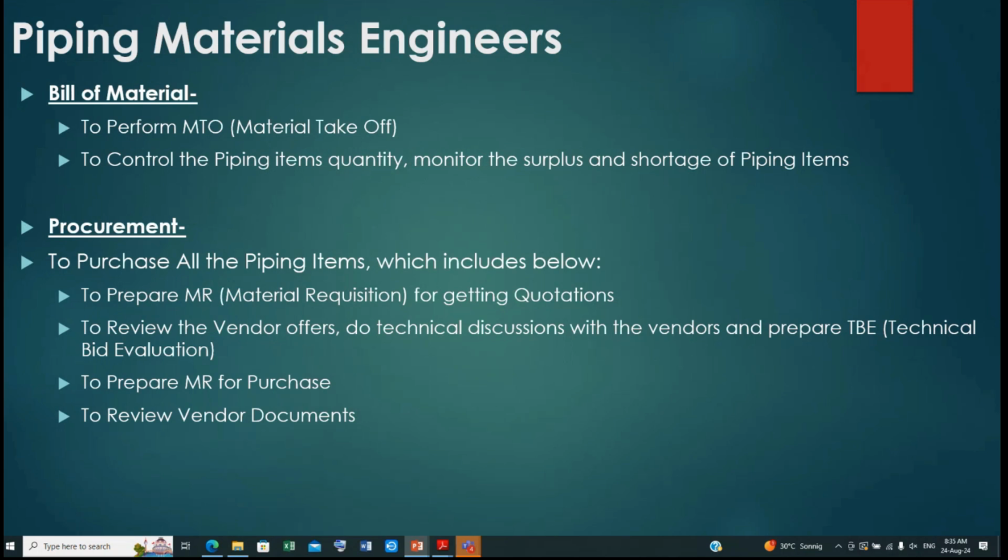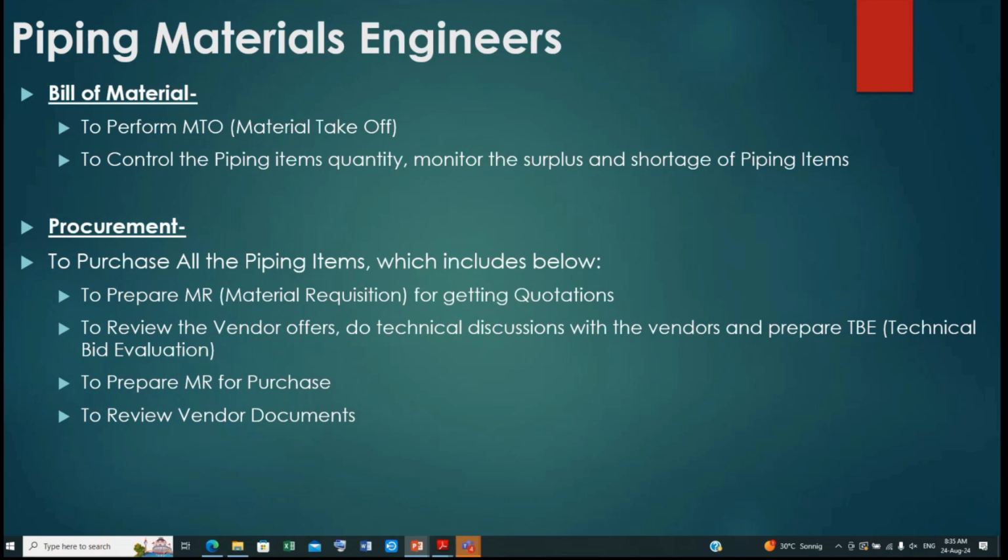So there is a vendor list given by the client, and as an EPC consultant, we also give our recommendation to the client that these are the vendors which are known to me. Like if we want to buy something, obviously we have some favorite shops which are known to us, and sometimes we give a recommendation.